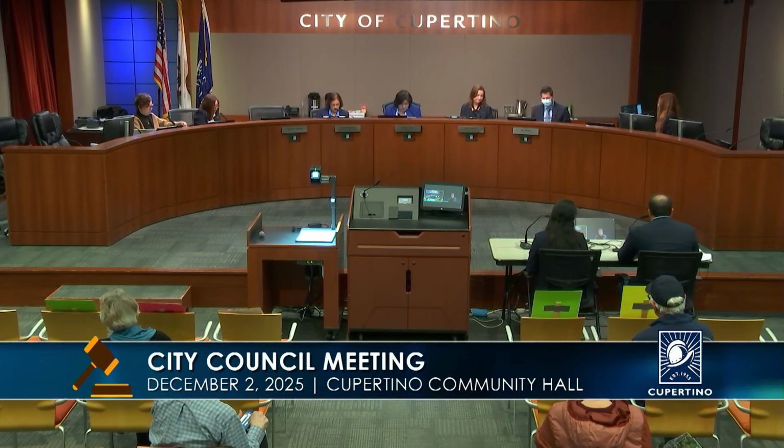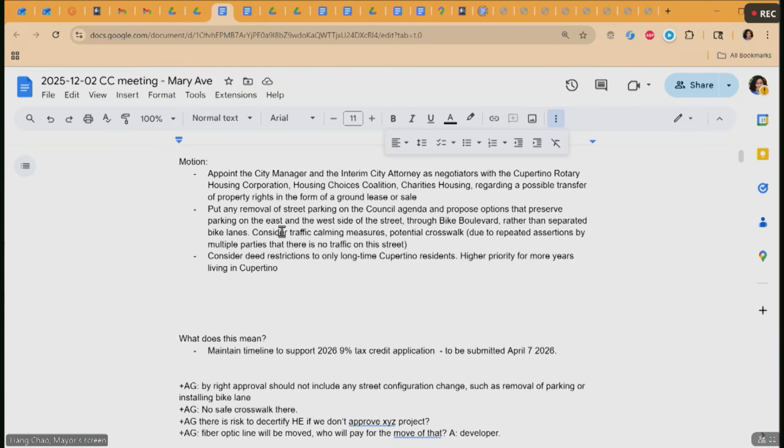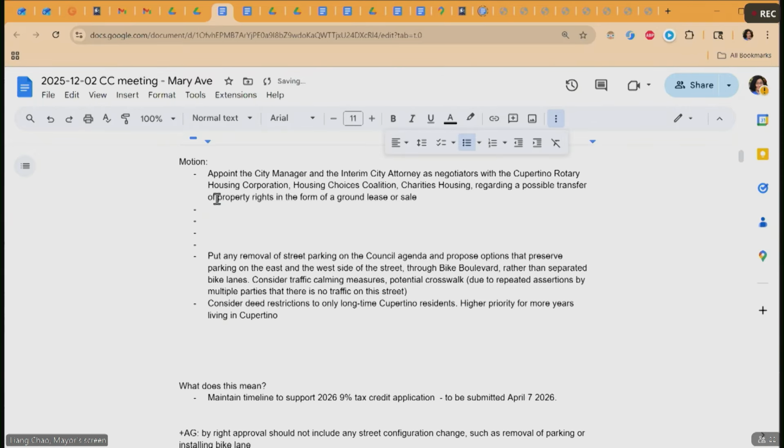I think it's... Is it this one? Okay. Okay. So I guess I will... Can you increase the font, Mayor? Okay, yeah. I'll do this in portions.